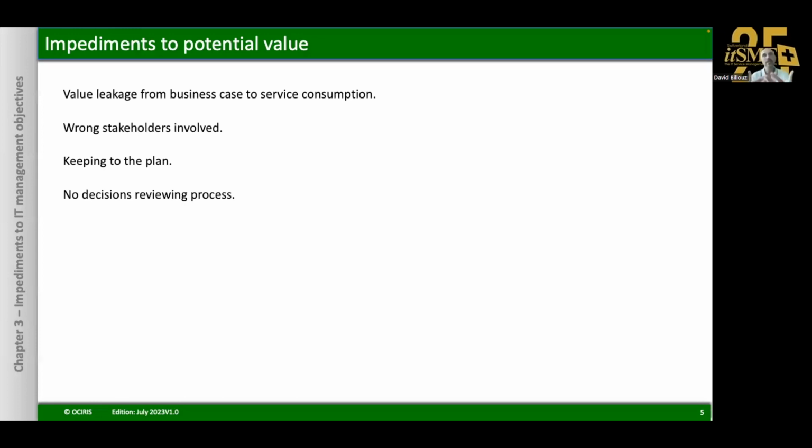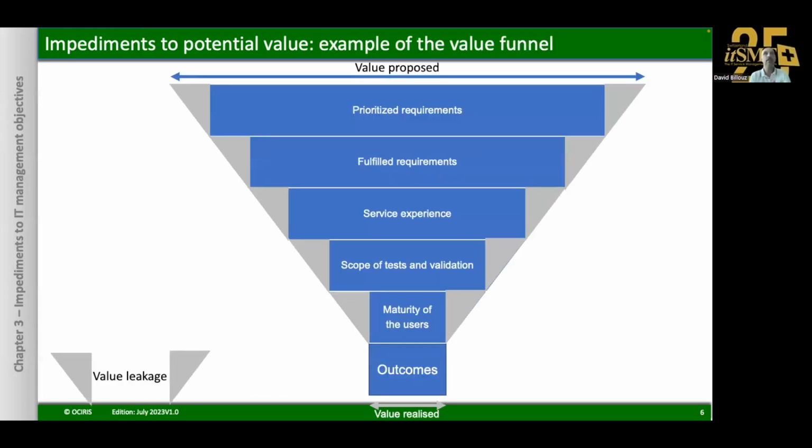So there is no decision reviewing process. These are the impediments to this objective. We will see later in another video how value streams can be used to address these impediments. But let's continue with an example of what I said about the value leakage.